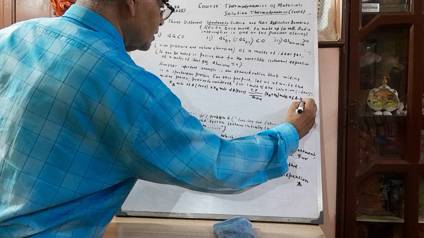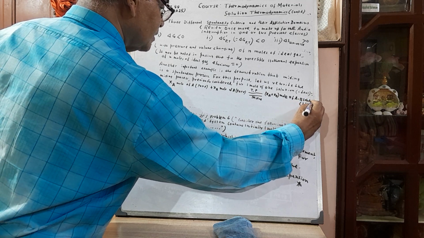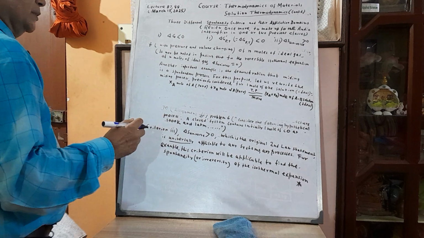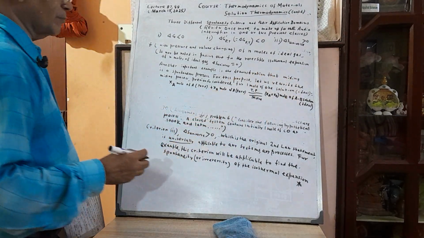Actually Xa cannot be more than 1, so it is a mole fraction. What is the nature of the solution? Ideal nature, as already mentioned here. So this is the process.